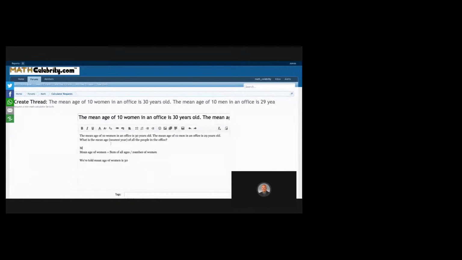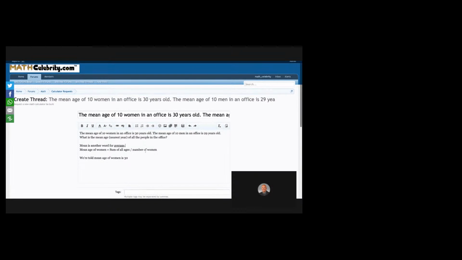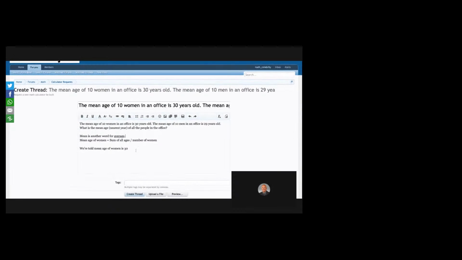So we're clear here. Mean is another word for average. It's a statistical term. So if you're new to statistics and you're asking yourself, what does mean mean? It means average. So we're told the mean age of women is 30.